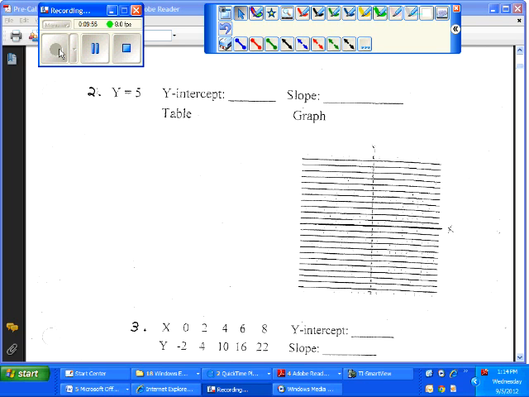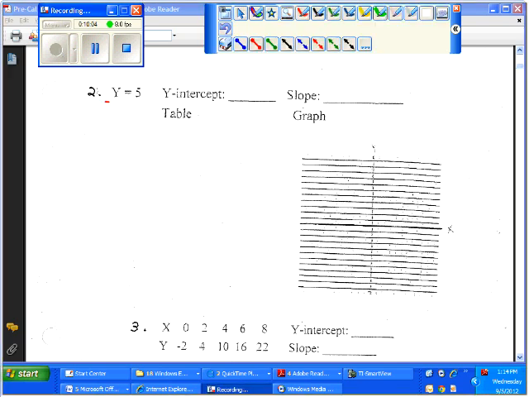It's parallel to the y-axis. So you need to do that memory work and recall that from Algebra 1 and Algebra 2 and all of that, okay? So this is an x only, this is a y only, therefore it is a horizontal line. The slope of every single horizontal line is 0. The y-intercept of a horizontal line will be whatever that constant y value was. Okay? Any questions on that?